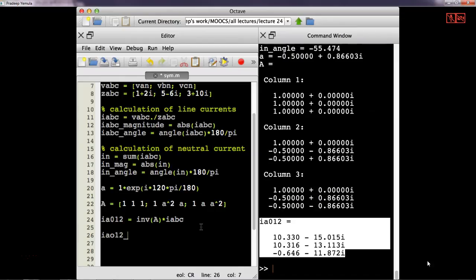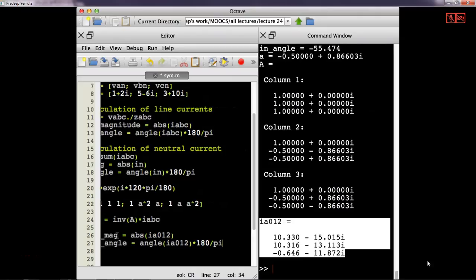IA012 magnitude, and IA012 angle multiplied by 180 divided by pi.